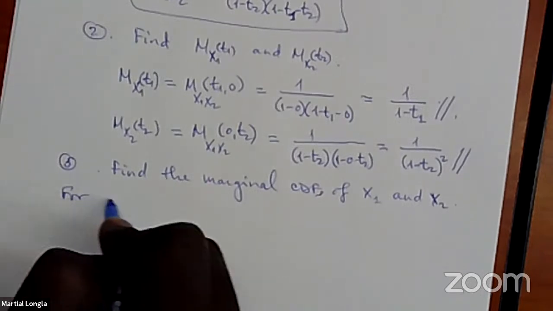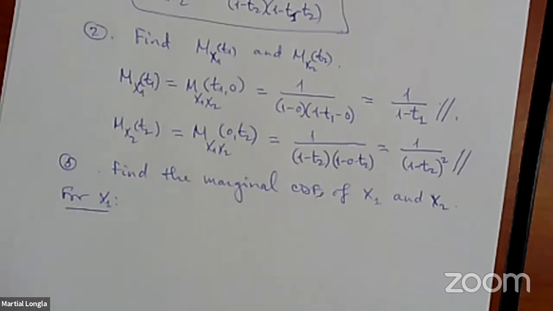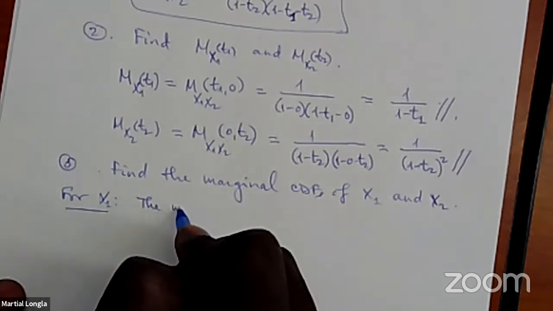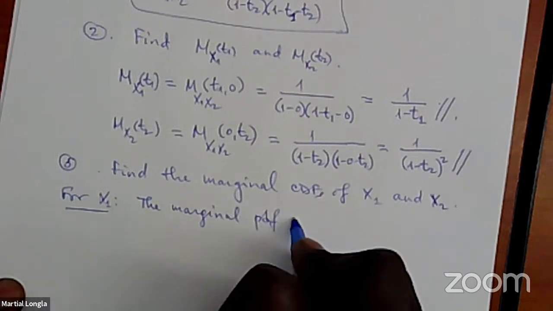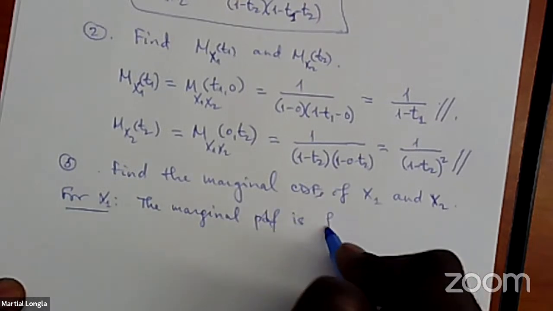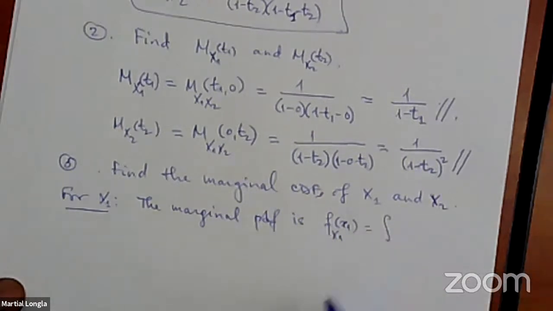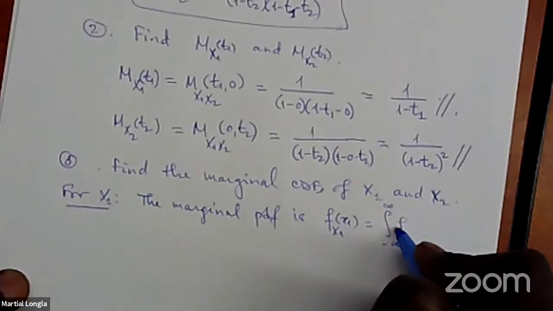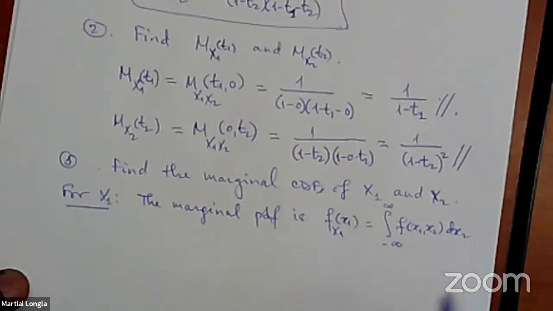So for x1, the marginal PDF is f of x1, equals the integral from negative infinity to infinity of f of (x1, x2) dx2.